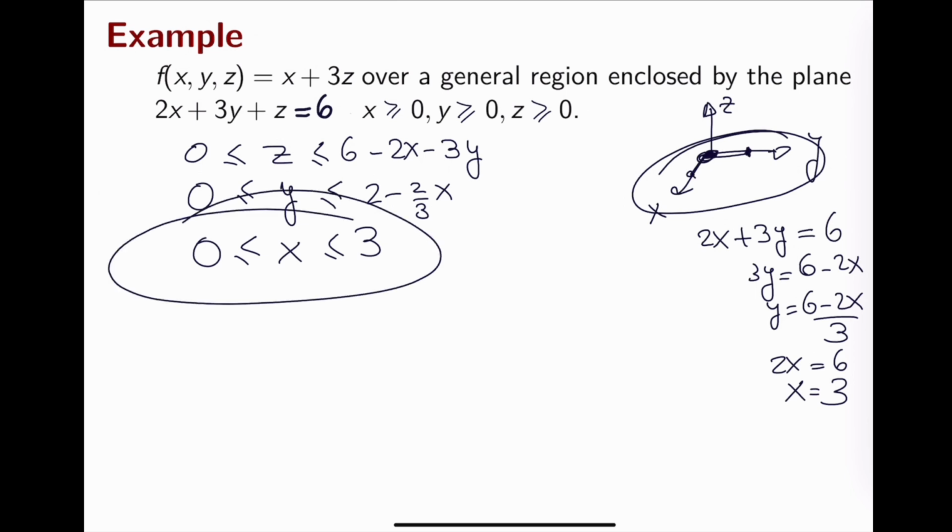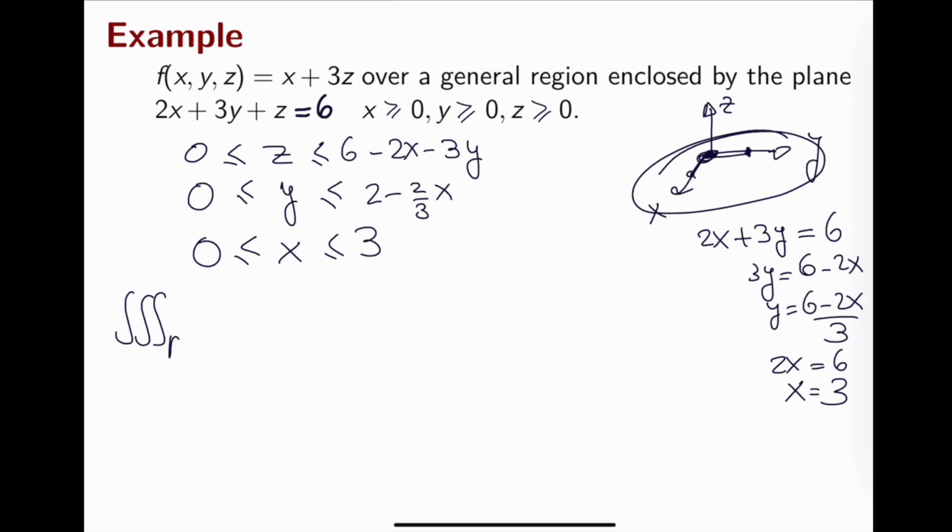So x varies between two numbers, and so this is going to be the outer integral. So the triple integral over this region of the function f dv is going to be equal to the integral from 0 to 3 dx, right? This is going to be the outer one.